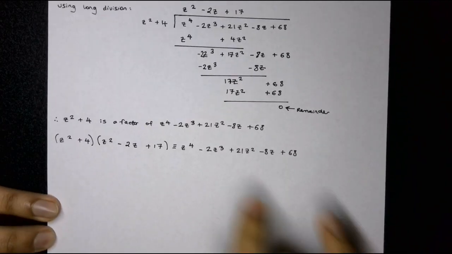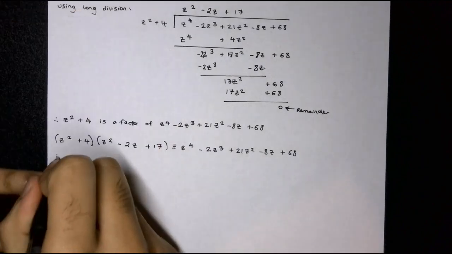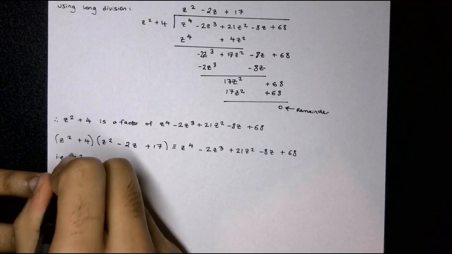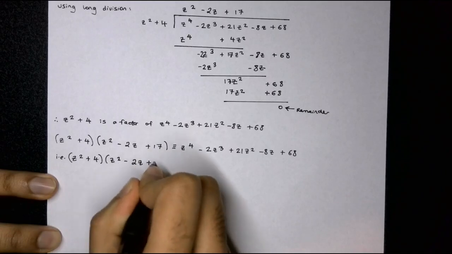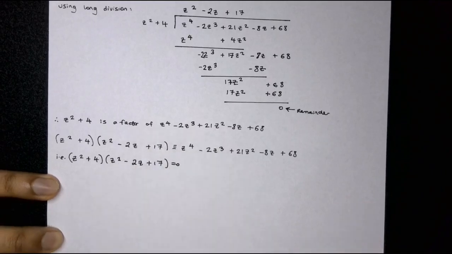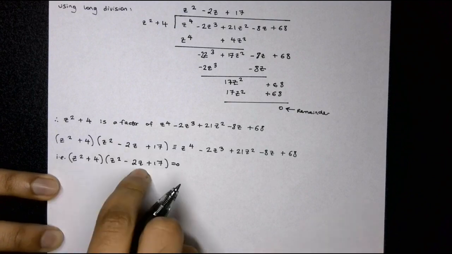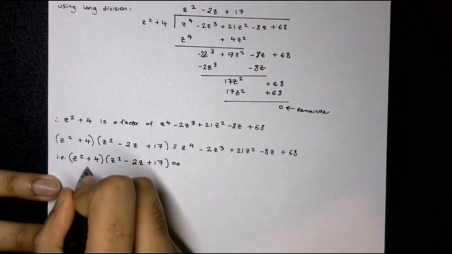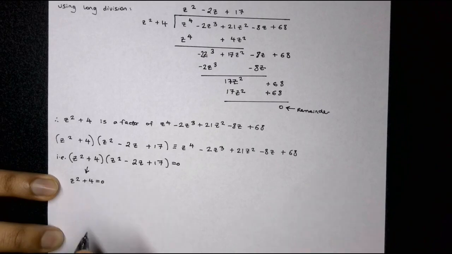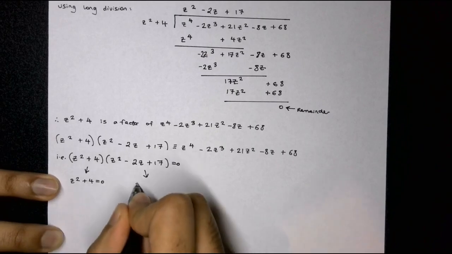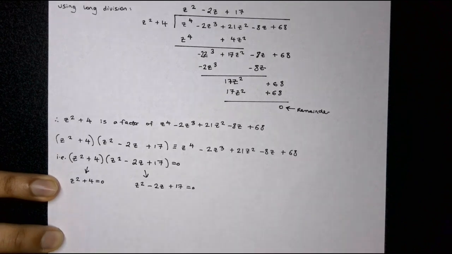And now our goal is to solve this side equal to 0. So in other words, we've got z squared plus 4 multiplied by z squared minus 2z plus 17 equals 0. So either the first bracket equals 0 or the second bracket equals 0. So here we have z squared plus 4 equals 0, and here we have z squared minus 2z plus 17 equals 0.